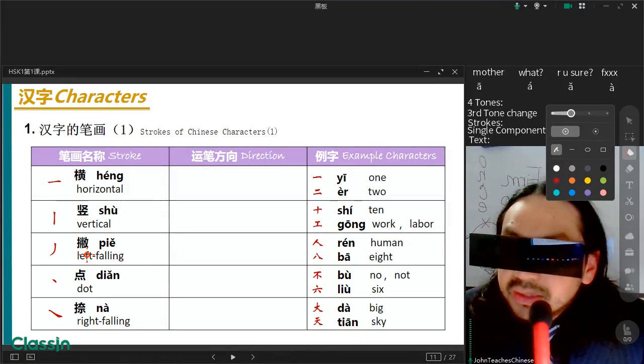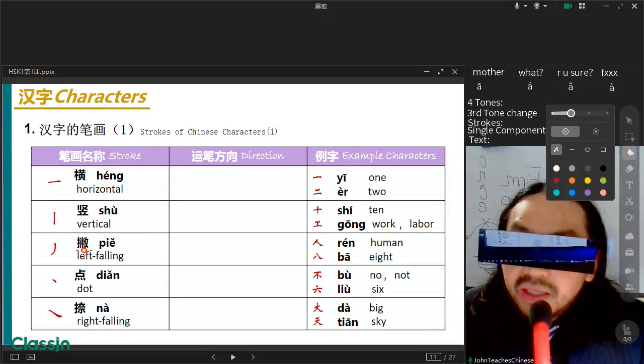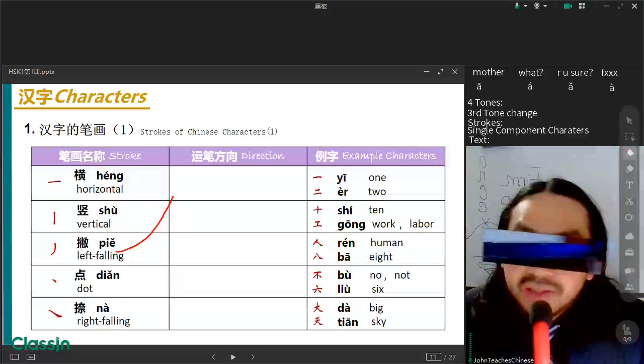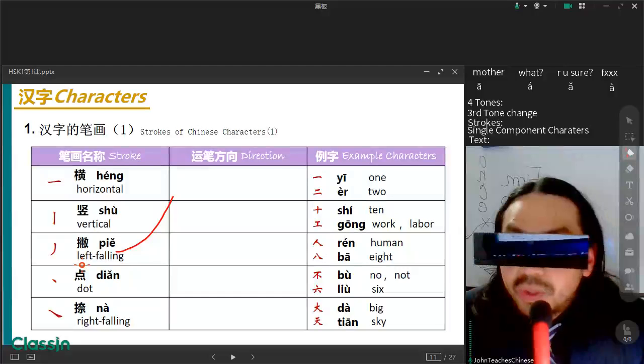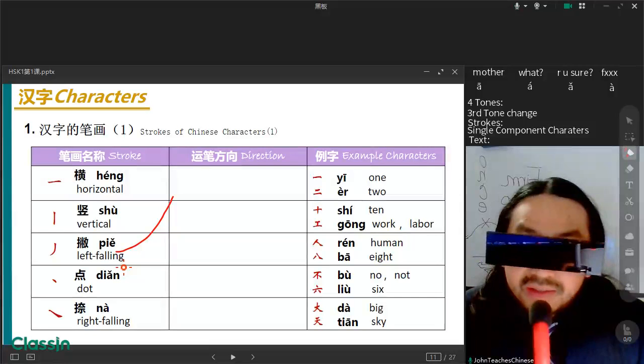Okay. The third one is called 撇. This 撇 usually has only one meaning, this kind of stroke. They give the English left falling. Left falling.